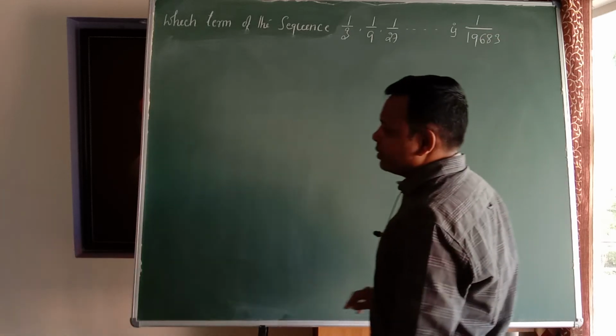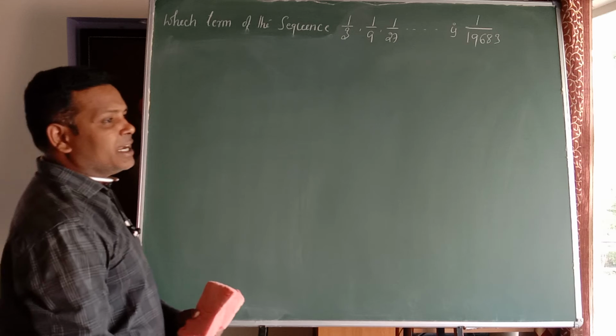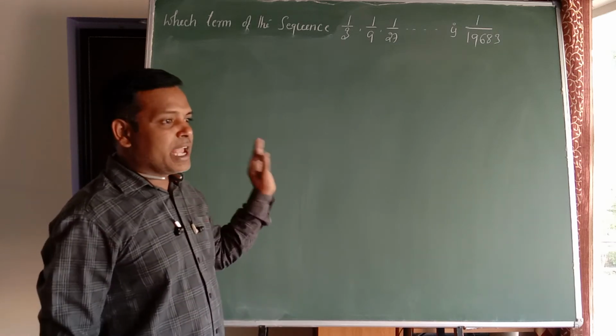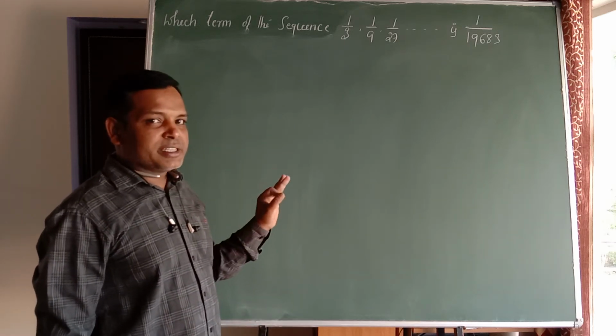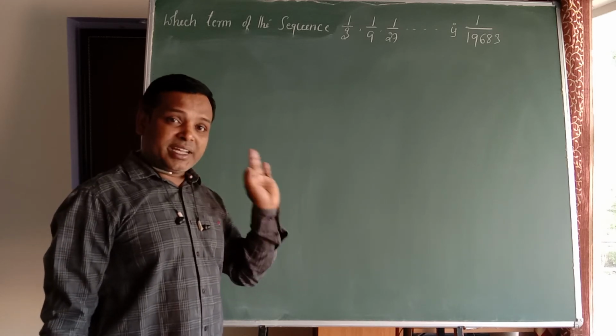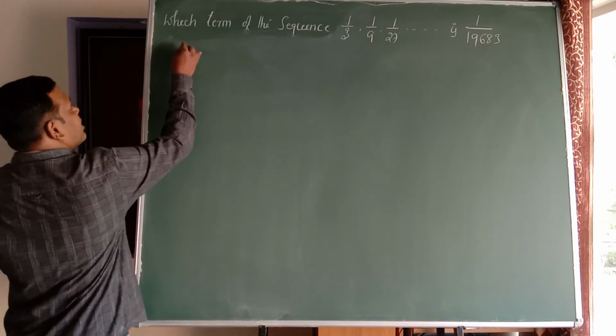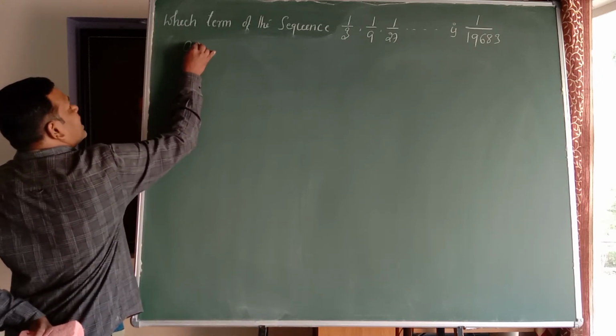Which term of the sequence? How to identify whether this sequence belongs to AP or GP? The simple way is, when the given terms are multiples of the same quantity, it is understood that it belongs to GP.